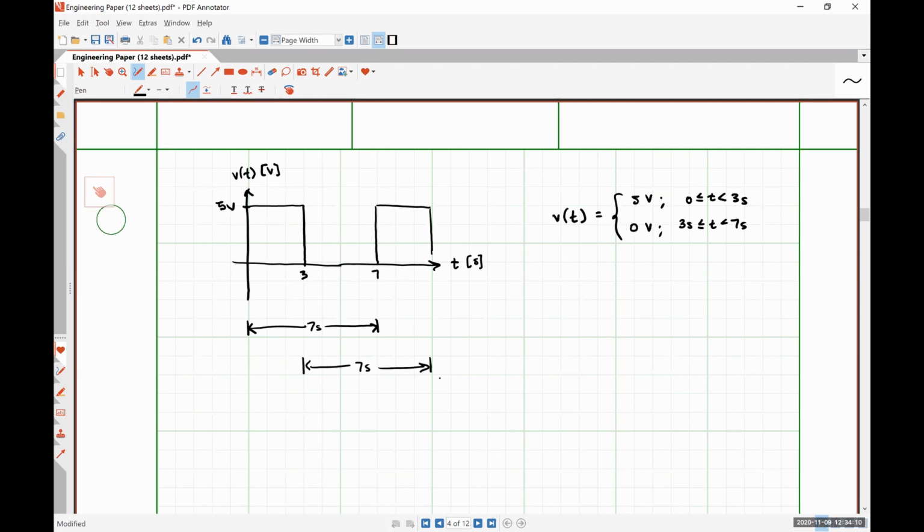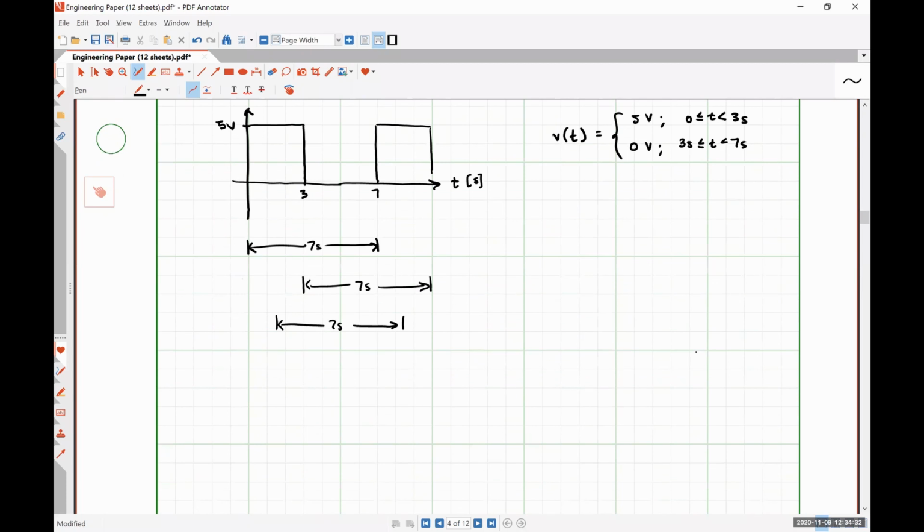We could look at the midpoint of each of the rectangular pulses, and that would also give us 7 seconds. And so all of these would be accurate ways that we could perform our integration here, okay? As long as we're doing it over exactly one period, it doesn't really matter where we set our limits of integration.